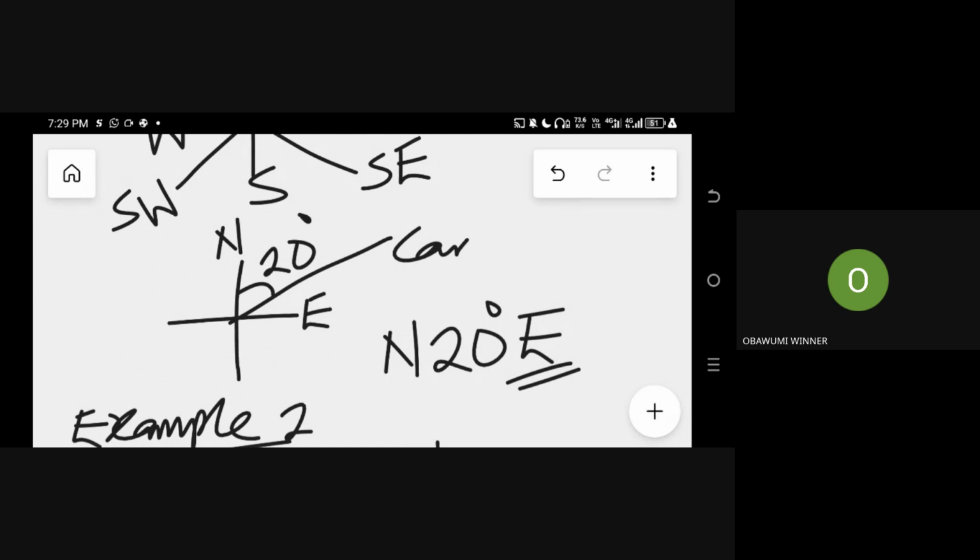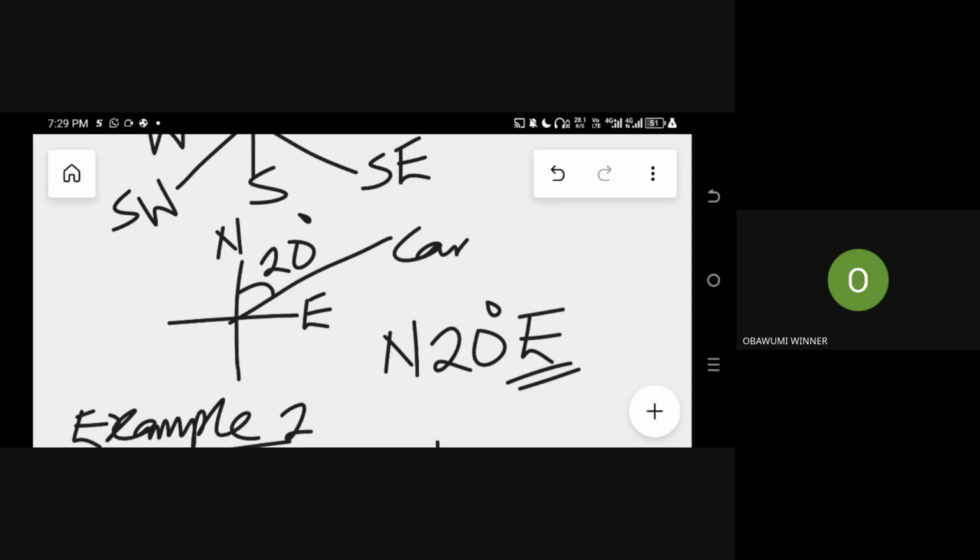You see that the car is parked between north and east. So already we know that it is northeast.